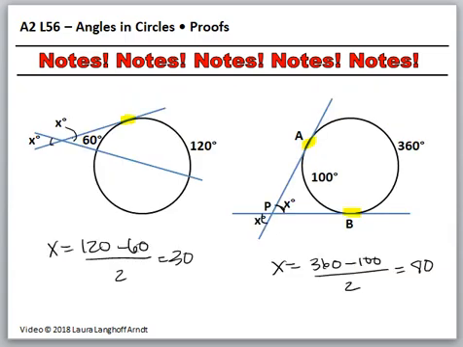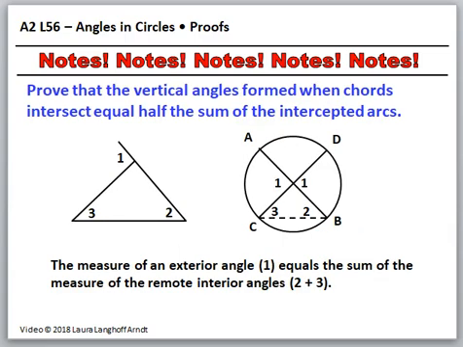First, we need to remember a few things. Whoops, it's right here. We need to remember this rule right here, which is the sum of these two angles are equal to the sum of this angle, which is the measure of the exterior angle equals the sum of the remote interior angles.